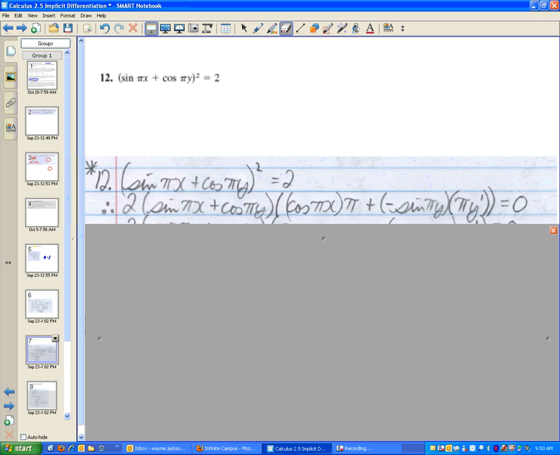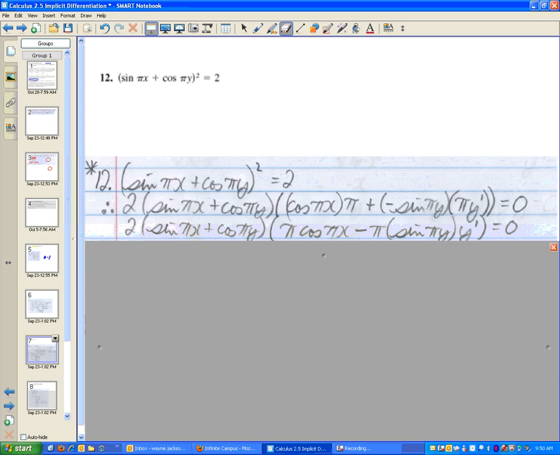All right. Now, let's see here. I'm pretty happy with the way things start off. I'm happy with the 2. I'm happy with everything in that first parentheses. But then cosine pi x with a pi after it is awkward, so put the pi in front.